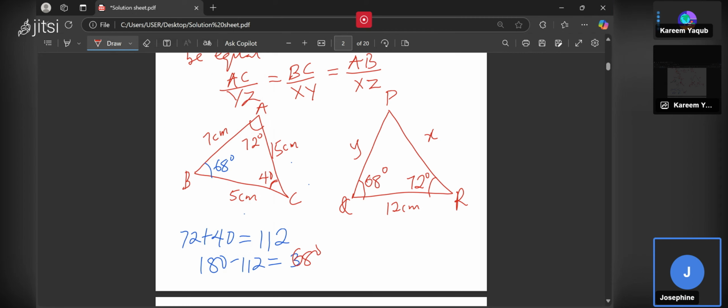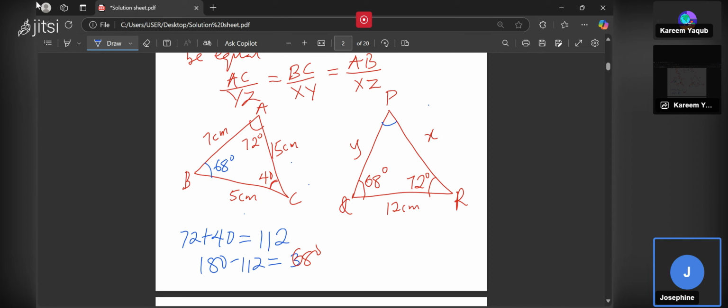So the third angle for the triangle PQR will then be what? What's the third angle here? 40 degrees.